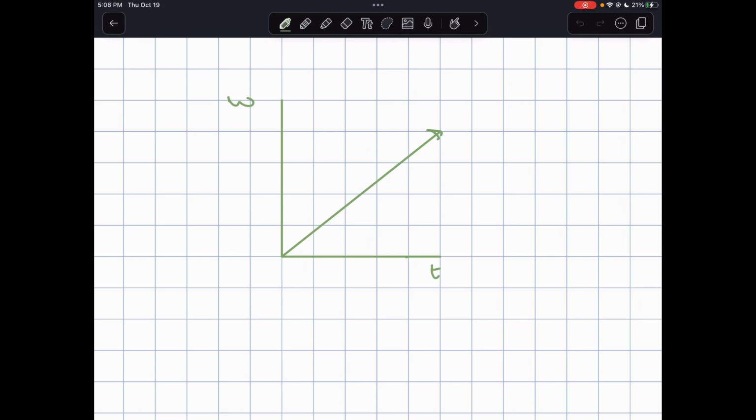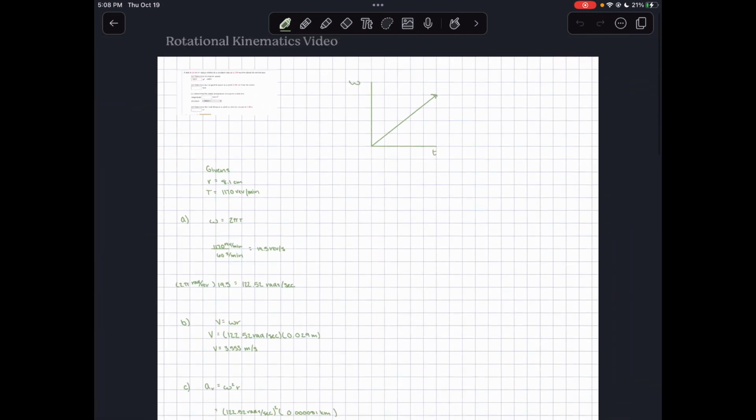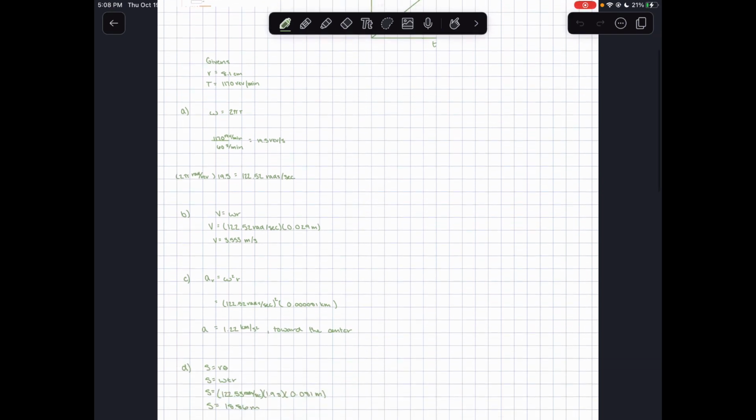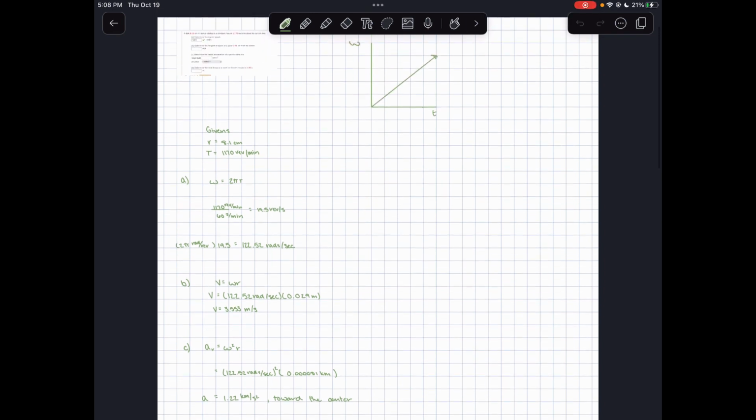So, now that we've analyzed our graph of angular velocity versus time, let's review everything as a whole. In this problem, we learned about conversions from angular to linear units, and we learned more about our rotational kinematic equations. Personally, what I struggled with the most was part A, because I could not figure out the equation.